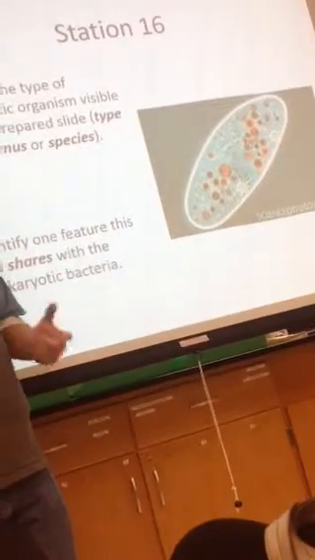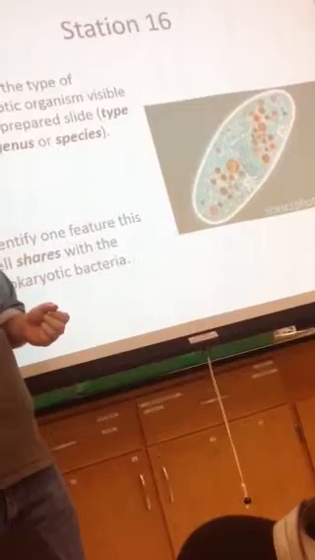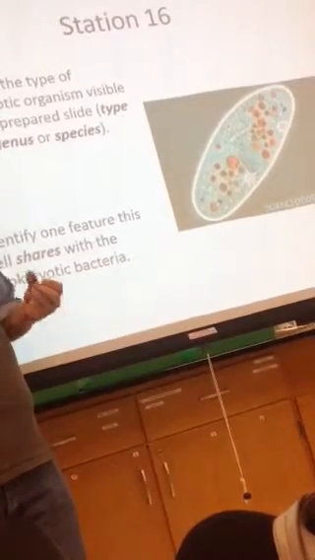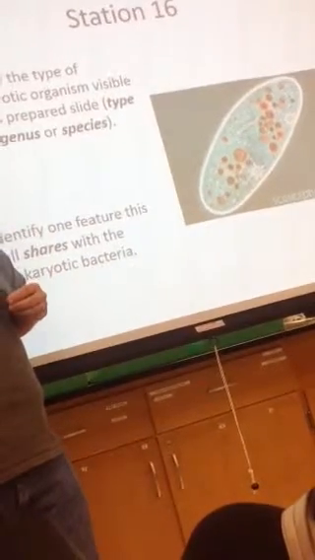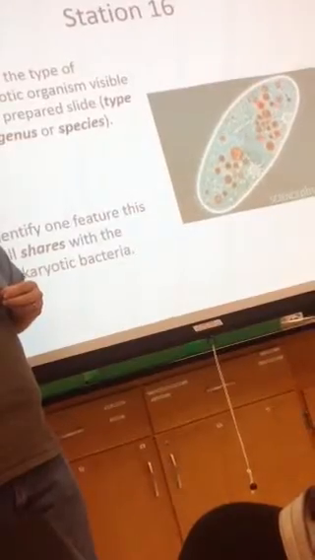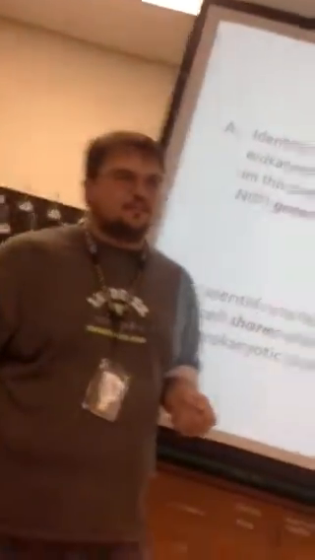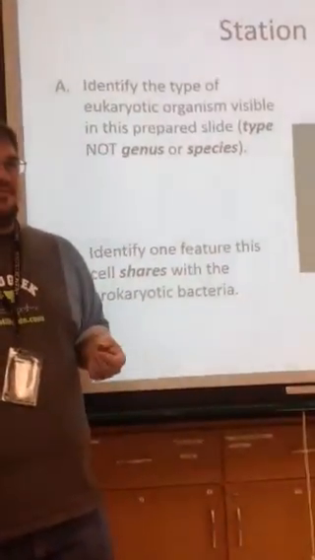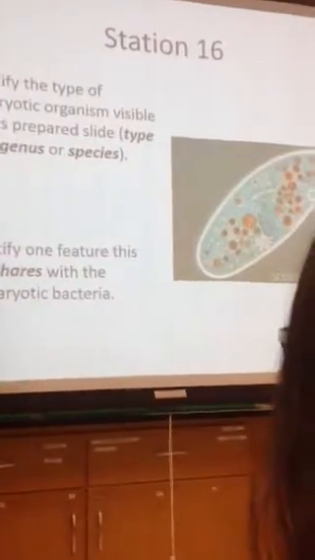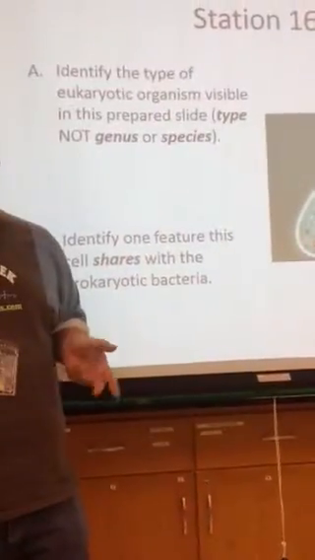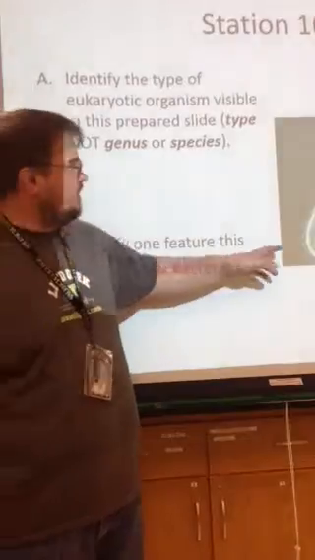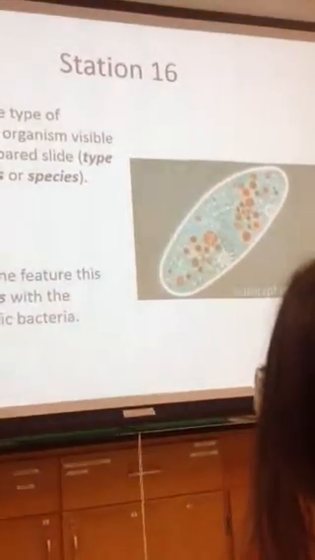You have three choices. Paramecium is right. Paramecium has got cilia, Euglena has a flagellum, and the amoeba doesn't have any. So you see cilia, that's paramecium.